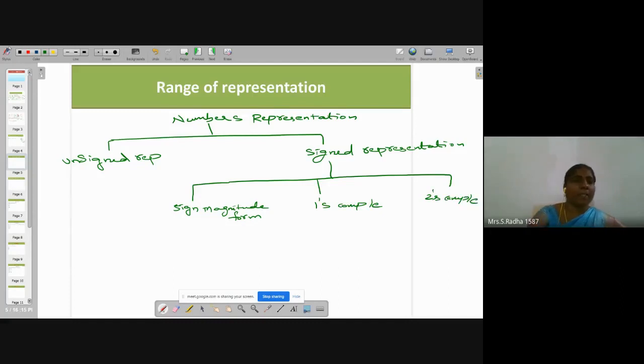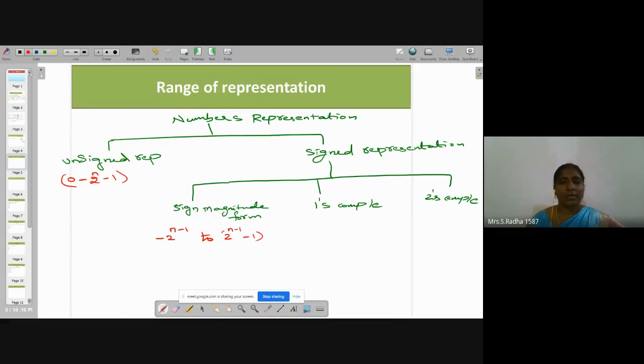The maximum range you can represent in unsigned is 0 to 2^n minus 1. In signed magnitude form, it is minus 2^(n-1) minus 1 to plus 2^(n-1) minus 1.